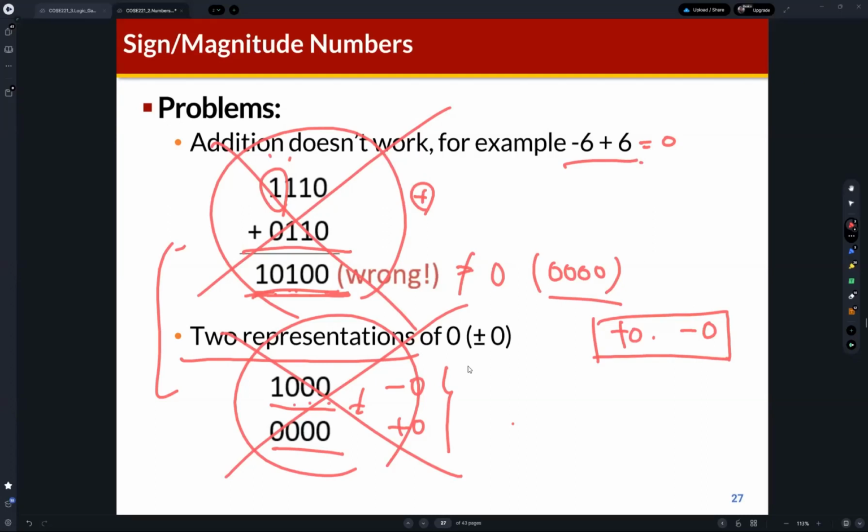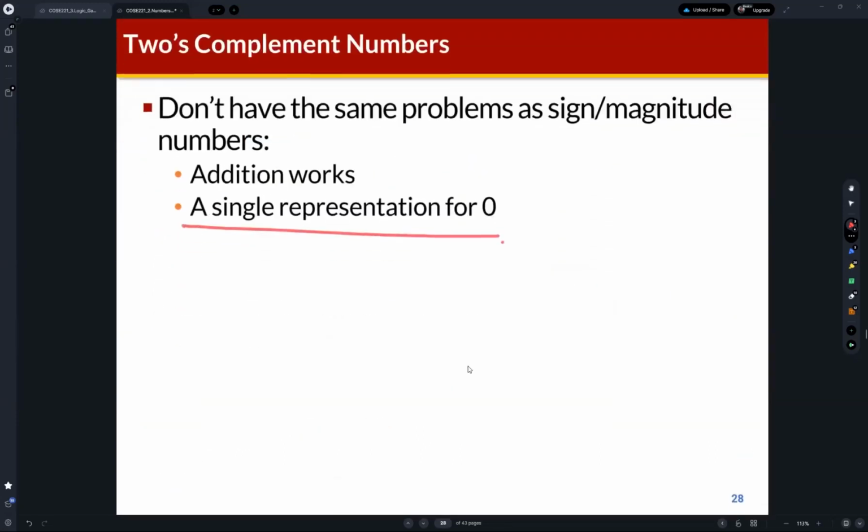So it is not a problem. But in a hardware system, you need to use the same hardware unit for calculating different numbers. So we do not use the sign and magnitude number system in the hardware.